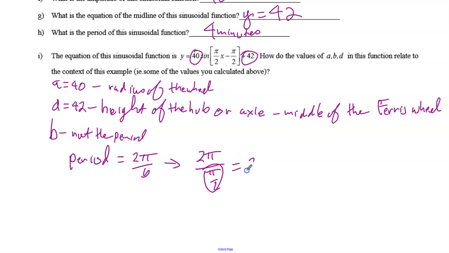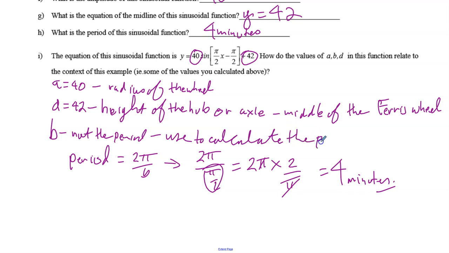So if I'm dividing by a fraction, it's going to be 2 pi times 2 over pi. And the pi's cross off, and we get 4. So the period is 4, and period has units, it's 4 minutes. So the B value is not the period, but we use it to calculate the period.